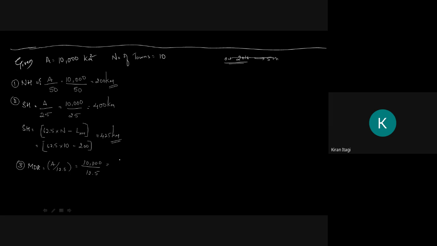We are getting again the double, that is 800 kilometer. And also we have another formula, that is major district road equals 90 multiplied by number of towns, which equals 90 into 10, which equals 900 kilometer. So among these two, whichever is greater we will take, that is 900.